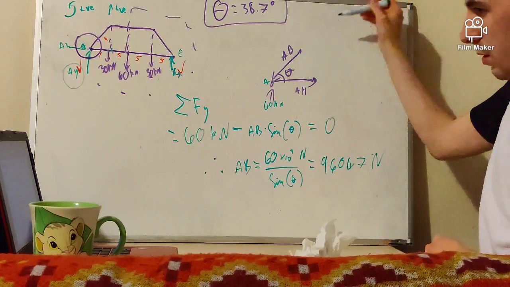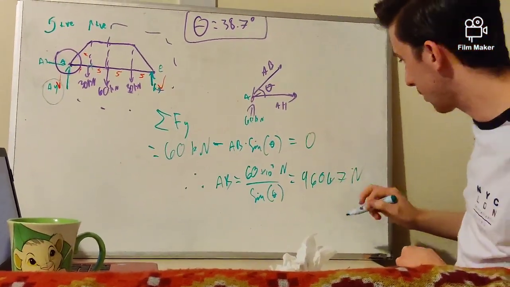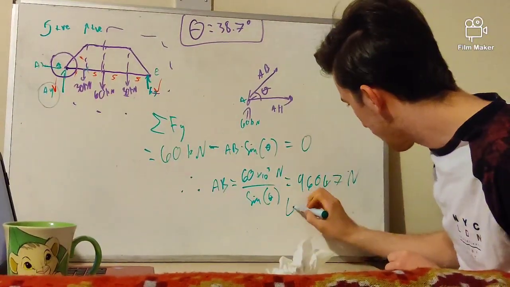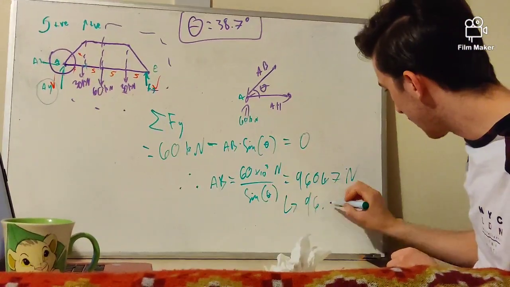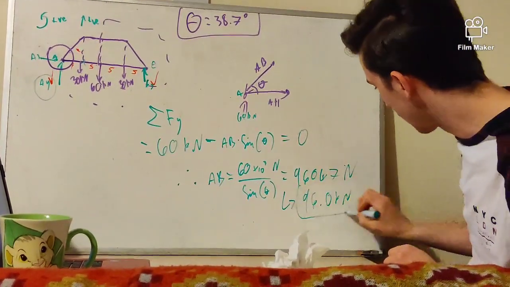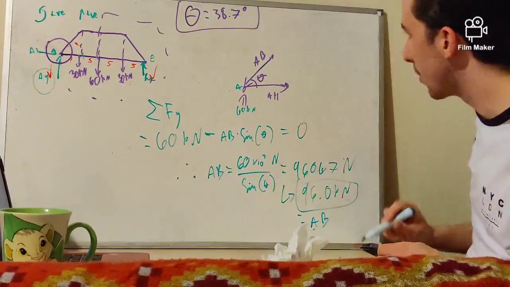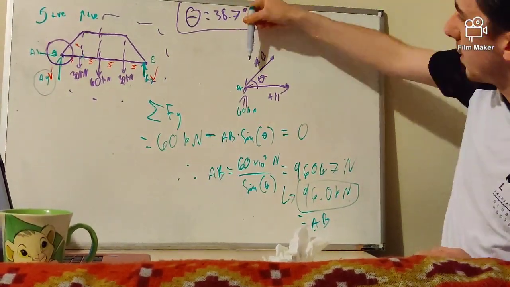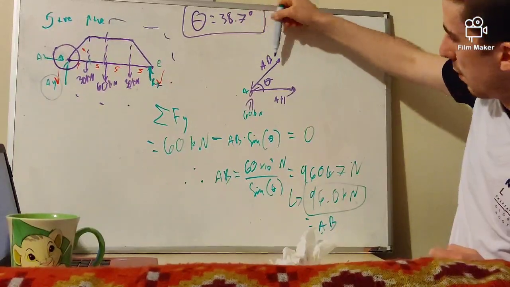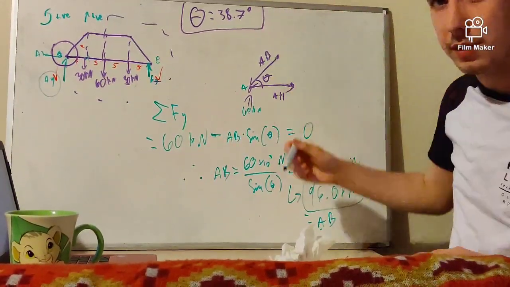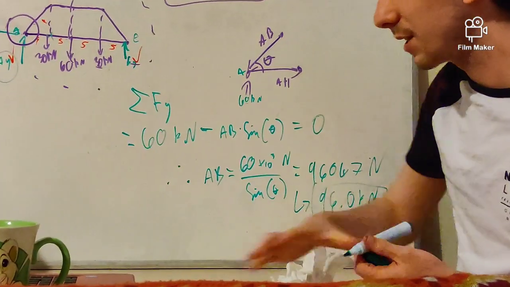Yes. So that actually simplifies down to 96.0 kilonewtons. So that's now number AB. So our AB's reaction is 96 kilonewtons, if that makes sense.